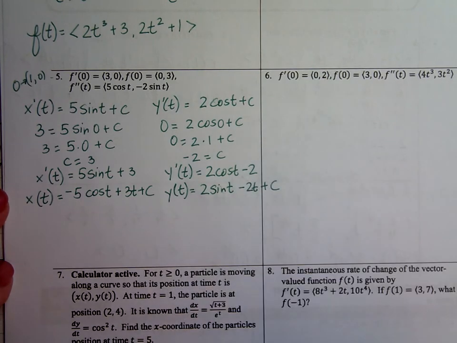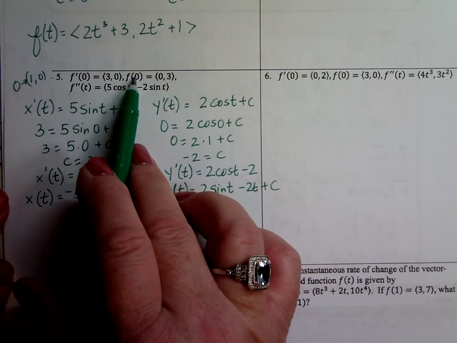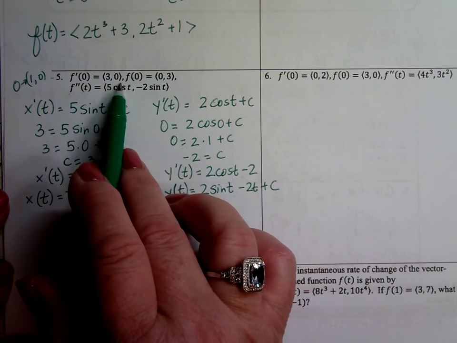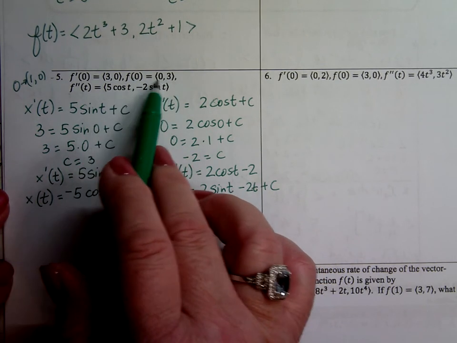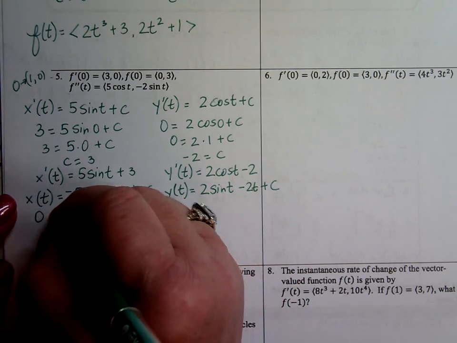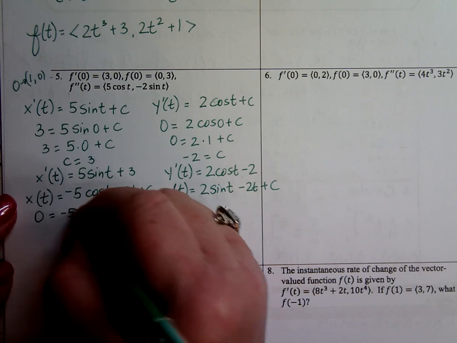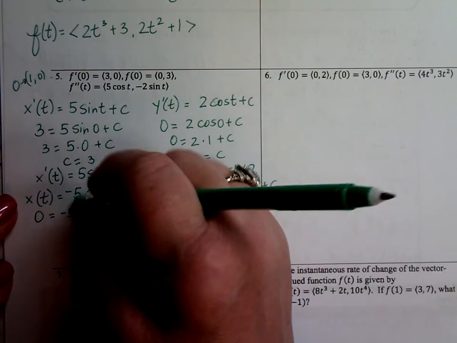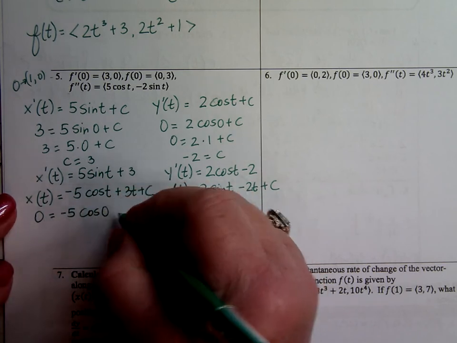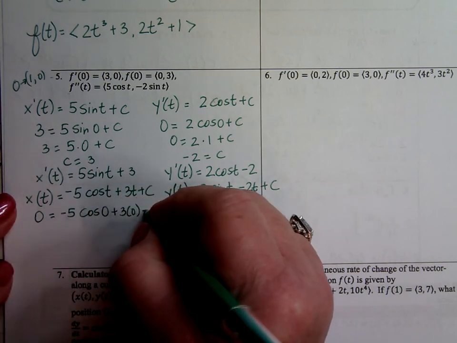And they gave me up here what my information is for figuring out that initial condition, f of 0. That means t is 0, x is 0, y is 3. I'm going to figure out what c is. This is a 0 for the x, negative 5 cosine of 0 plus 3 times 0 plus c.